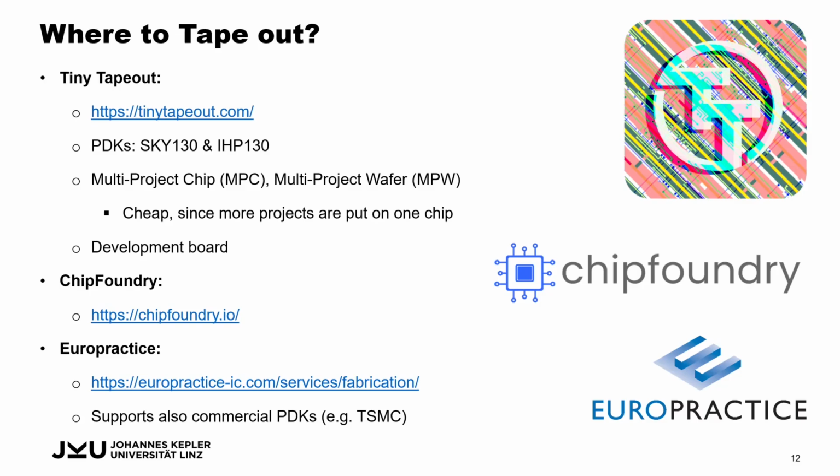And the costs are also quite low because many projects are on one die, so you basically share the costs for the die. And then there's also ChipFoundry, which uses the same principle, and I think it supports the Sky130 and the Global Foundries 180 PDKs, and is also for multi-project chips.